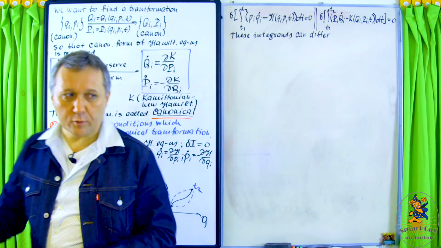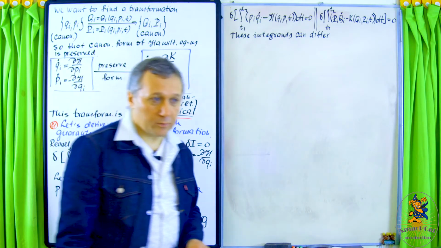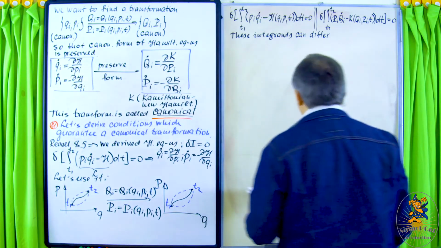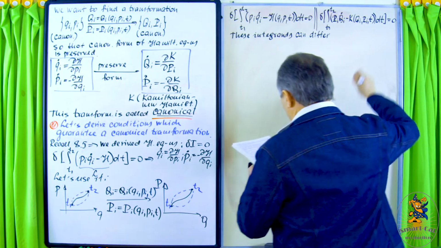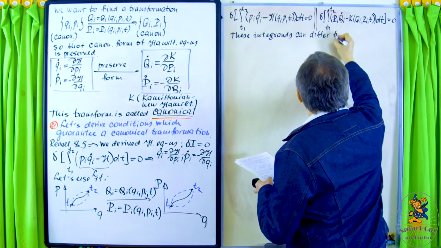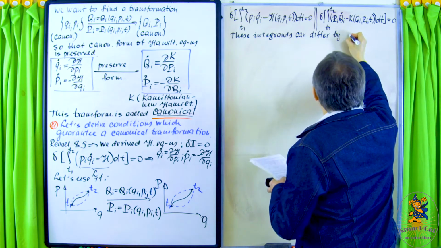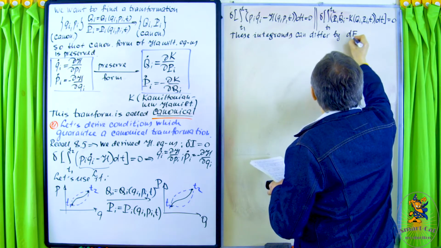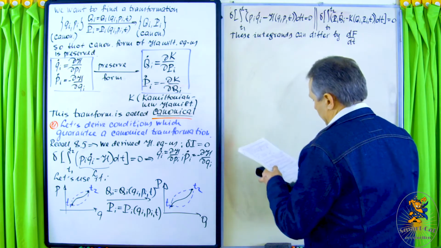So we can still get Hamilton's equations in both sets of coordinates, even if you add something additional. Can differ by df over dt.